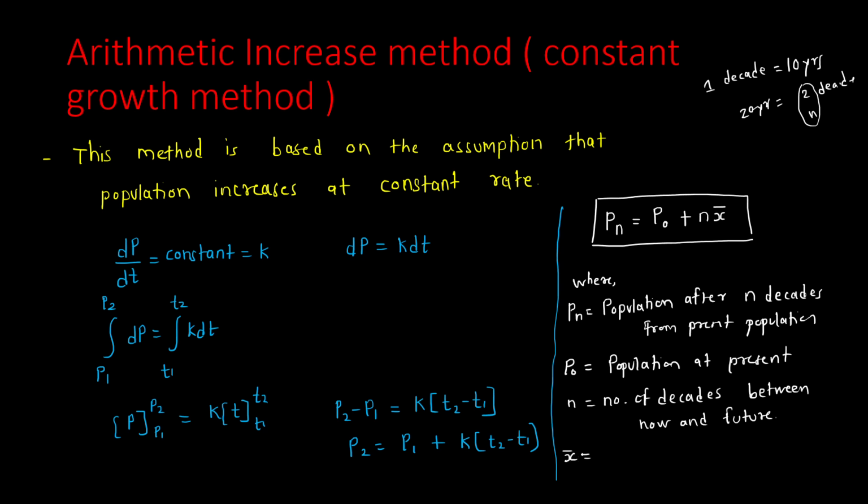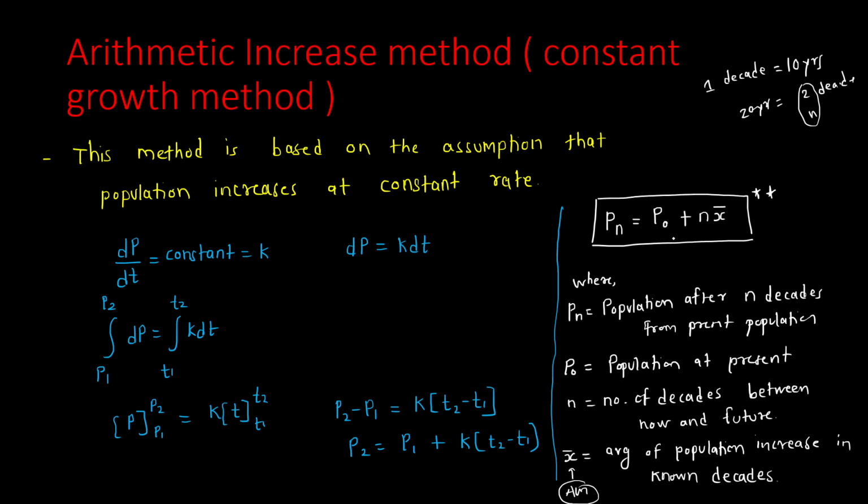This x bar is the average of population increase in known decades. Or we can also say that this x bar is the arithmetic mean. So this is the main formula of the arithmetic increase method.